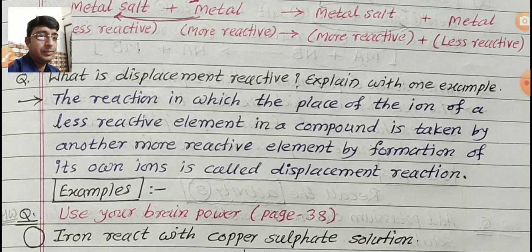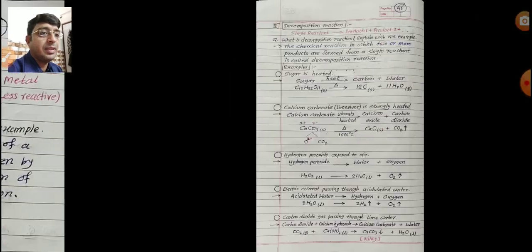For example, use your brain power, page number 38, iron reacts with copper sulfate solution, and one more reaction is given for the study. Check that. Pb means lead. Lead reacts with copper sulfate solution. In a similar way you write down the answer.